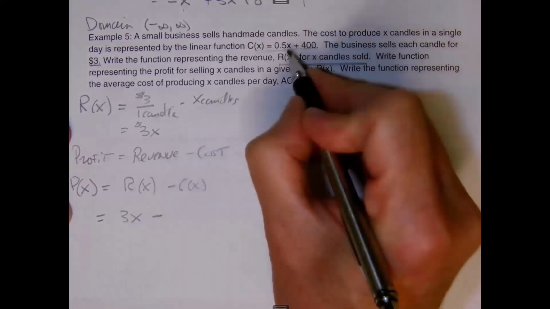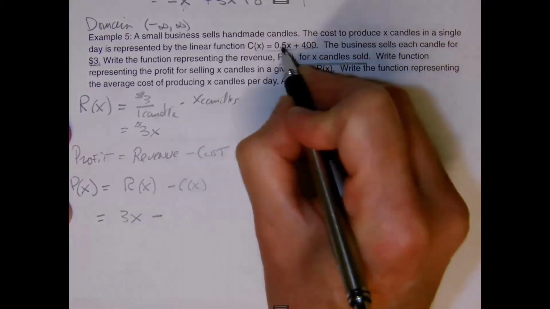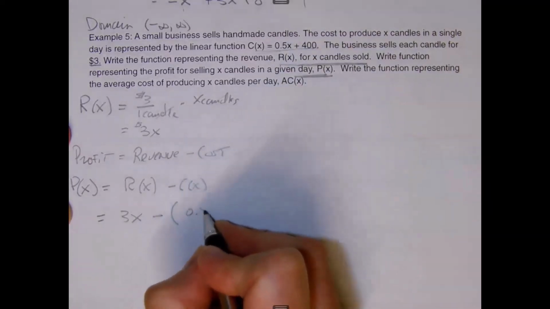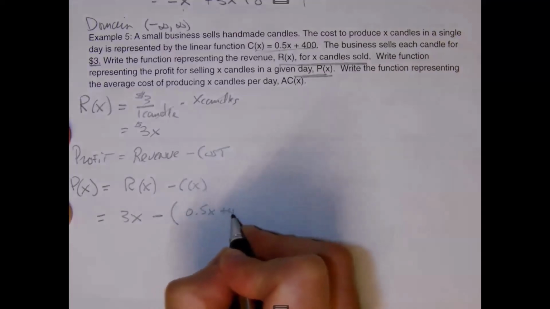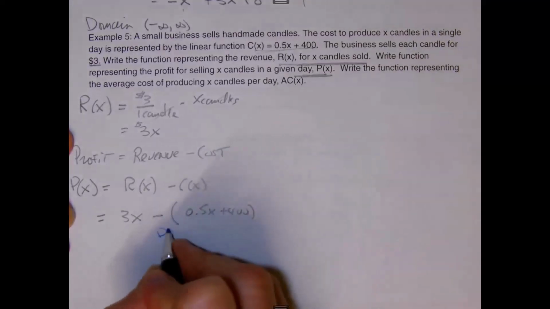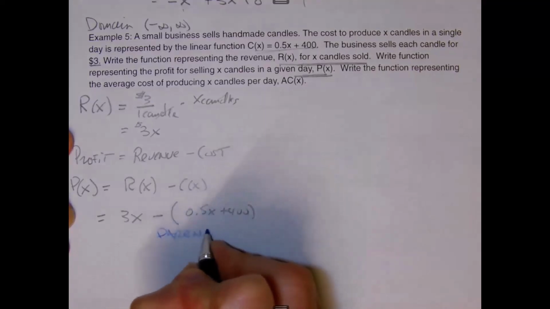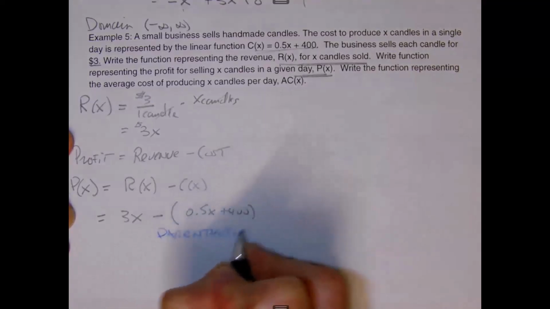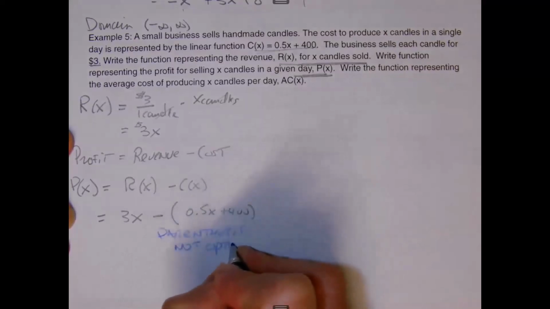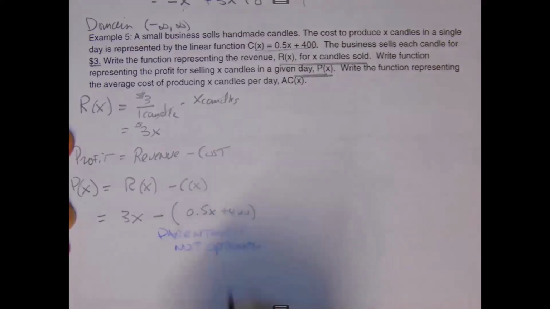And again, notice the cost function consists of two components. Because of that, I need to put parentheses. It is not correct unless you use parentheses. So again, just to emphasize, parentheses are not optional. Okay, so keep that in mind.